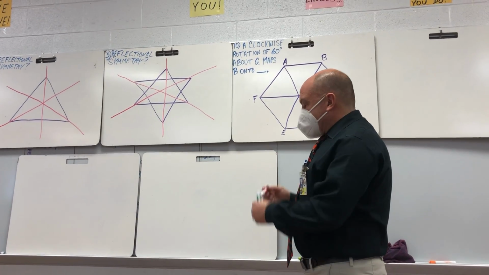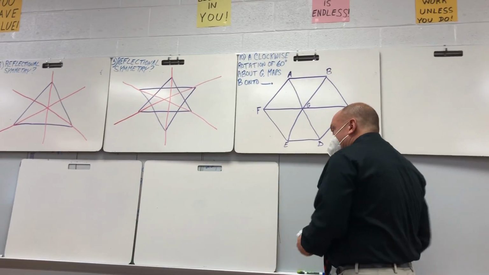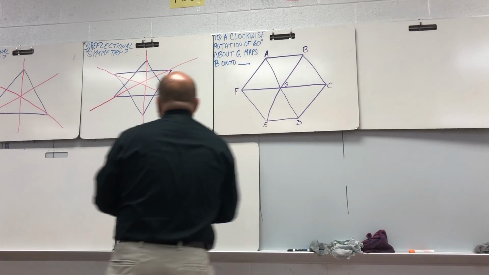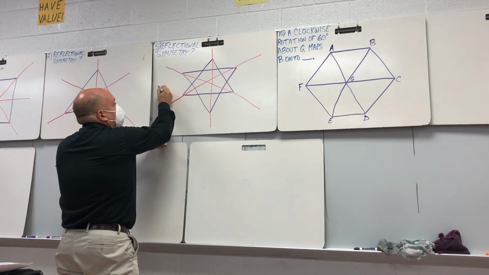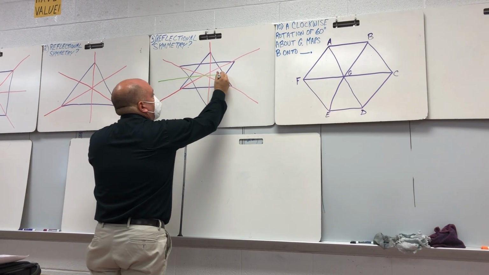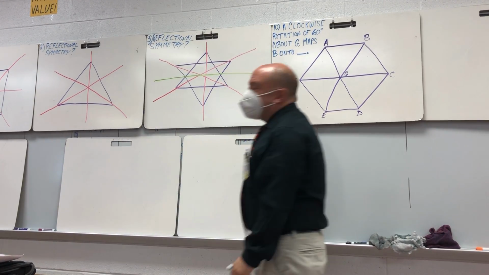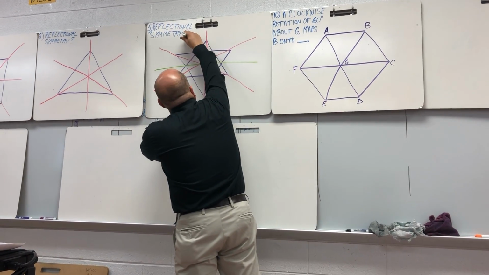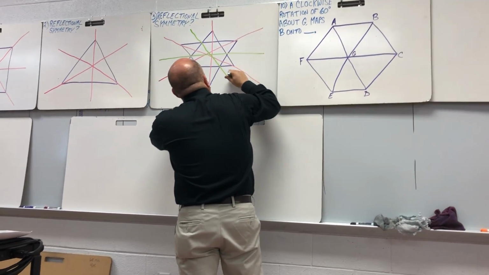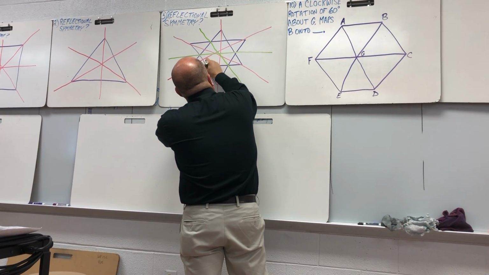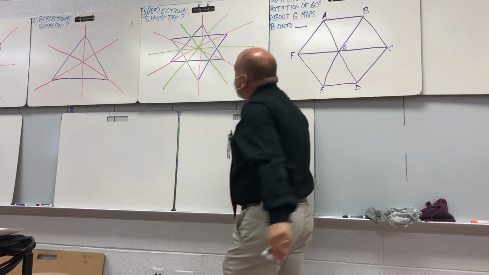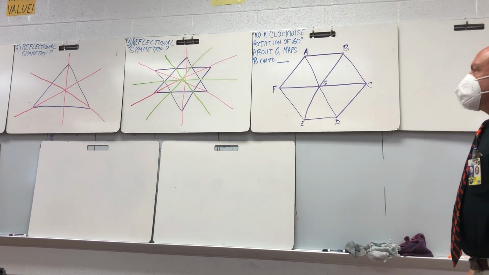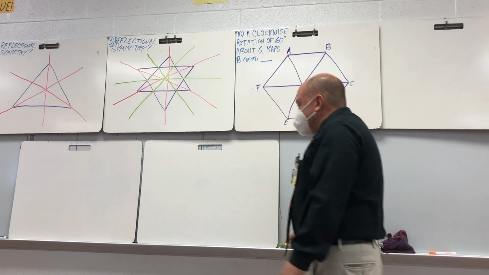Do I also have symmetry, by the way, here? Do you agree there's symmetry there? In fact, here and here. There's a lot of symmetry in that one, right? Okay, that's reflection symmetry.